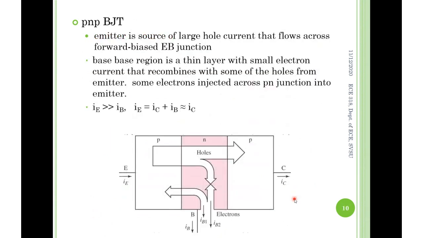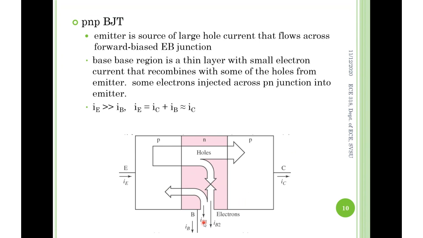Similarly, if we talk about the PNP, the second type. In terms of structure, you can imagine two p-type semiconductors, and in between, you squeeze in the n-type semiconductor. The two p-type semiconductors are respectively emitter and collector. In the middle, you have a base.